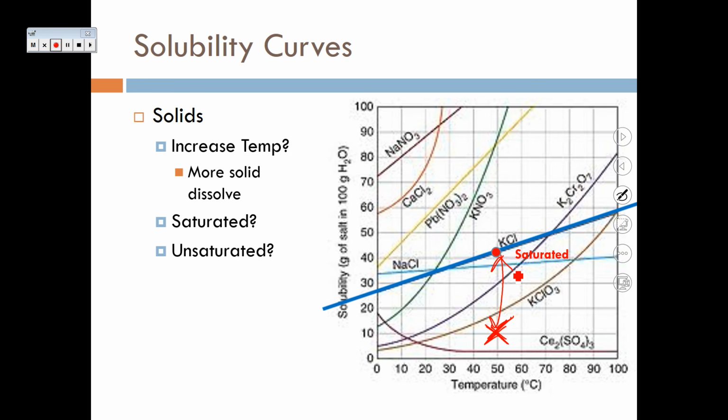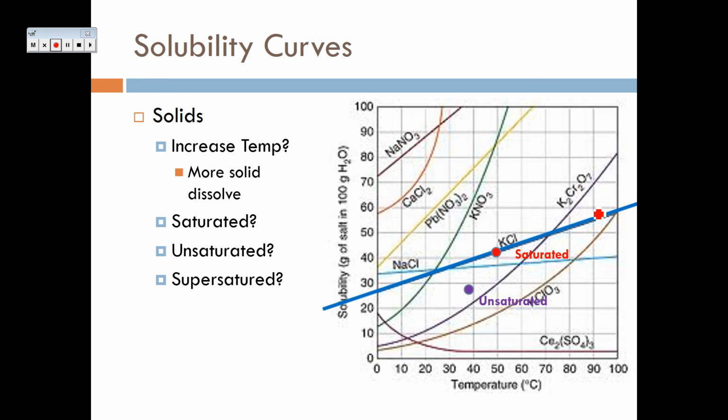In other words, if you are below the curve, you are unsaturated. The solution is unsaturated until it reaches that blue line at that particular temperature. So an unsaturated solution is one that is below the saturation solubility curve at that temperature.